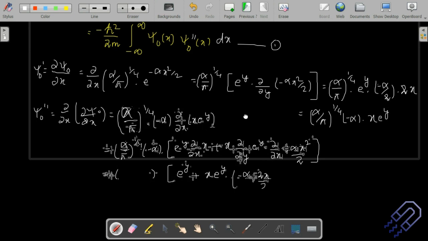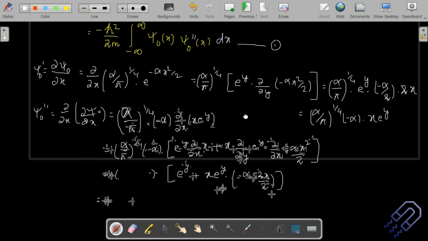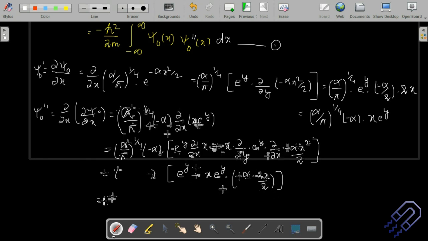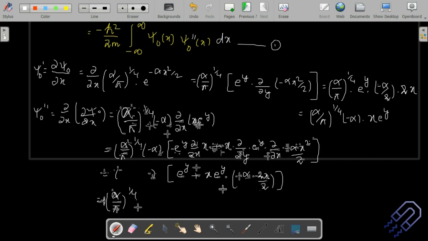Same thing gets repeated. 2 gets cancelled, and what we can do now is simplify this. So what we see here is that this term we can take out. So I can simply write it down as alpha divided by pi to the power 1 by 4 into minus alpha.